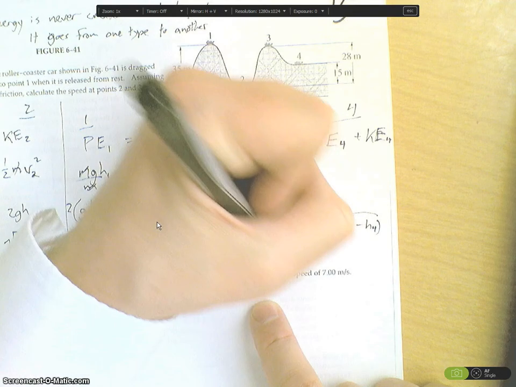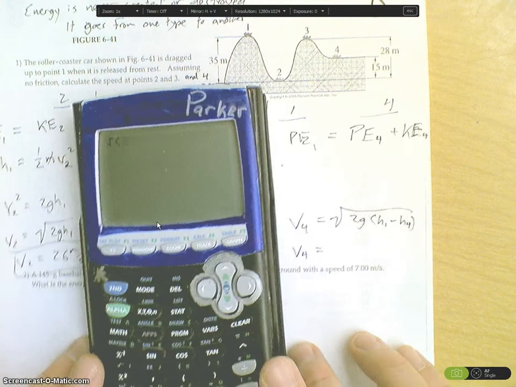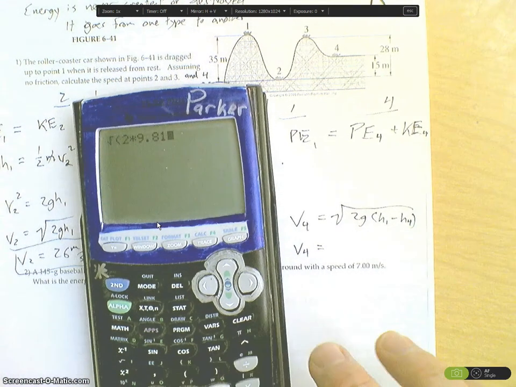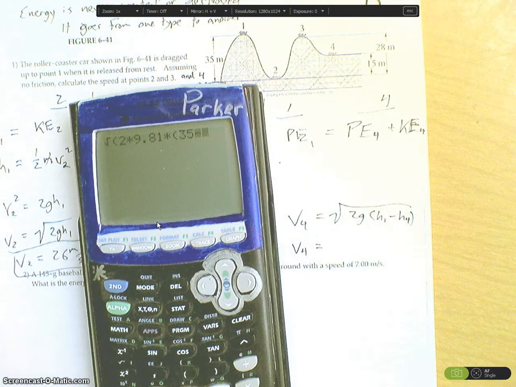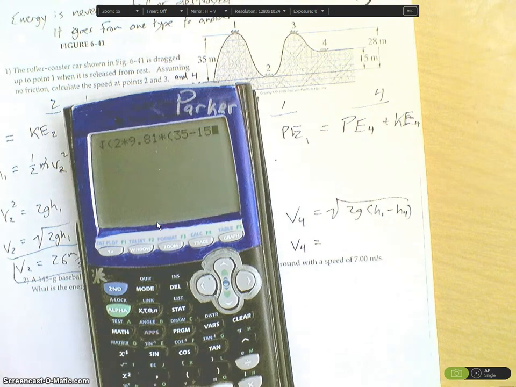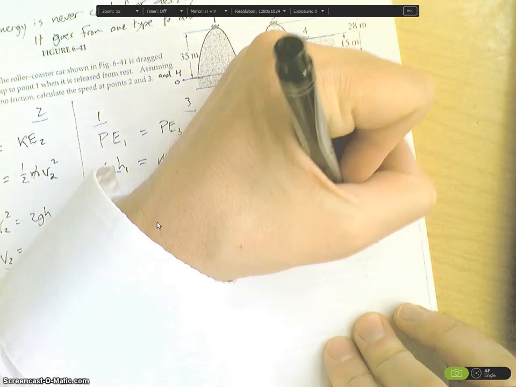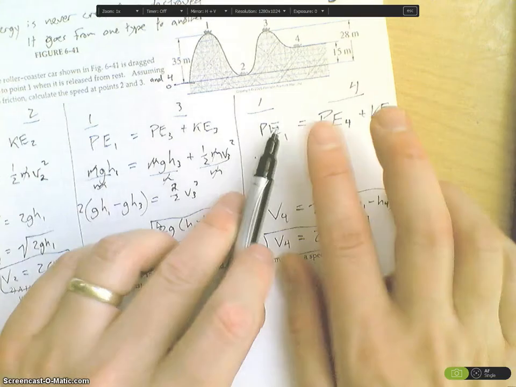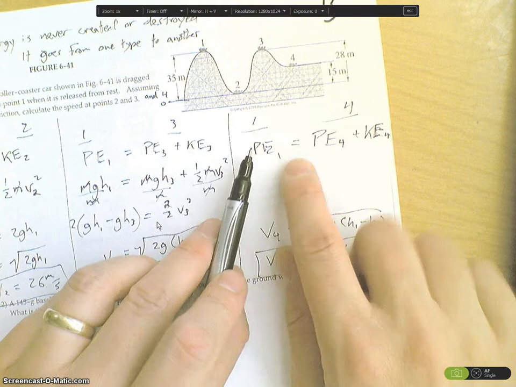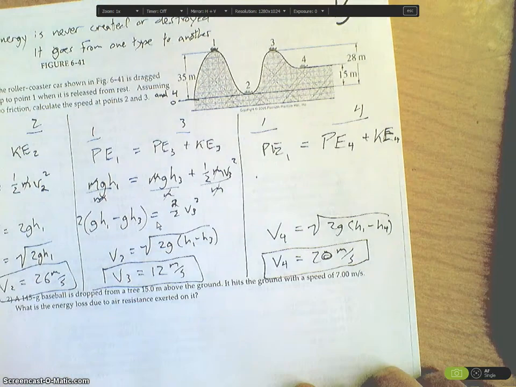So v4 is equal to the square root of 2 times 9.81 times h1, which is 35, minus h4, which is 15. 19.8, applying sig figs, that becomes 20 meters per second. Alright, so on either side of these equations, it's the total energy at one point is equal to the total energy at some other point.